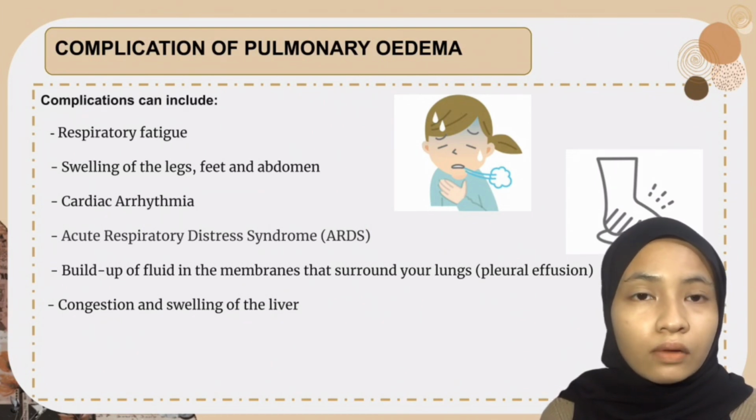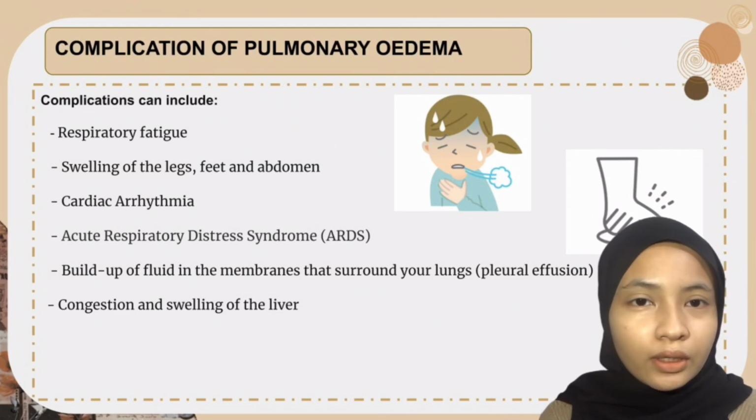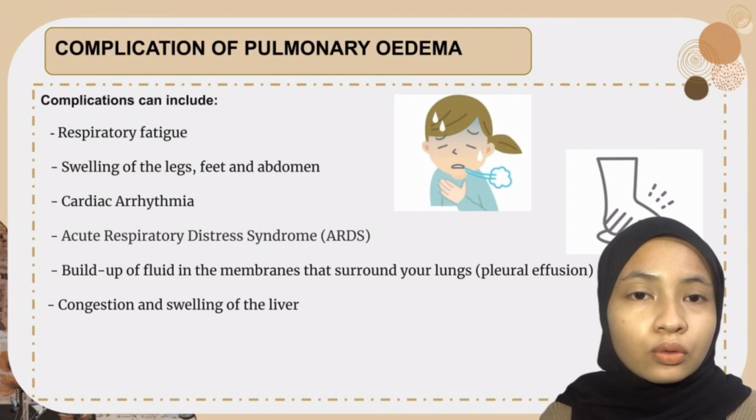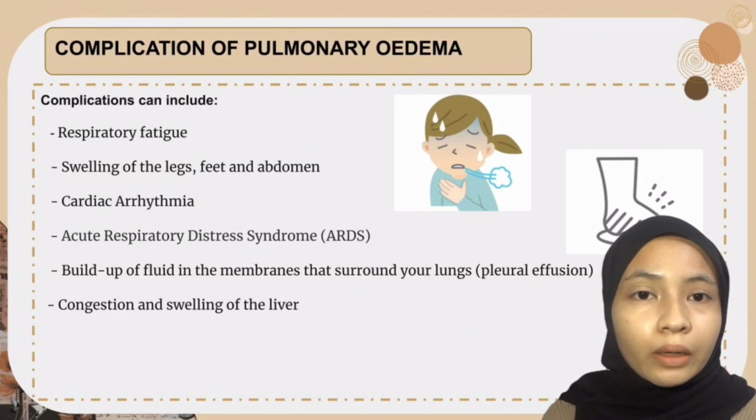It is due to either failure of the left ventricle of the heart to remove blood adequately from the pulmonary circulation, so-called cardiogenic pulmonary edema, or an injury to the lung tissue or blood vessels of the lungs, so-called non-cardiogenic pulmonary edema. Pulmonary edema, especially acute, can lead to fatal respiratory distress or cardiac arrest due to hypoxia. Immediate treatment is necessary for acute pulmonary edema to prevent it.